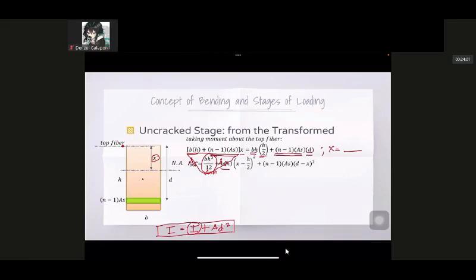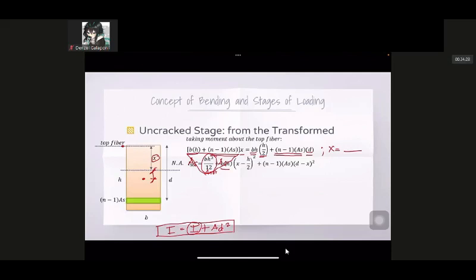Itong part na ito, dito yung centroid ng concrete. From the neutral axis, this is the distance. So ano daw ito? Itong distance na ito. So this is X minus H over 2 squared. So that is the distance from the neutral axis.